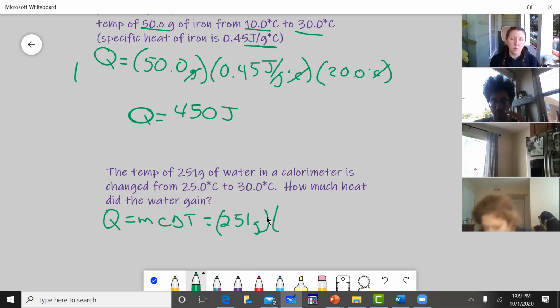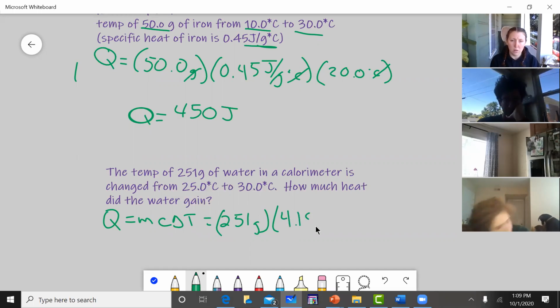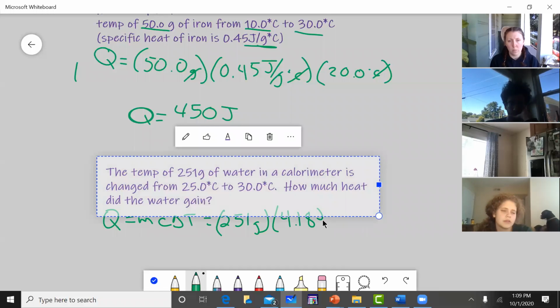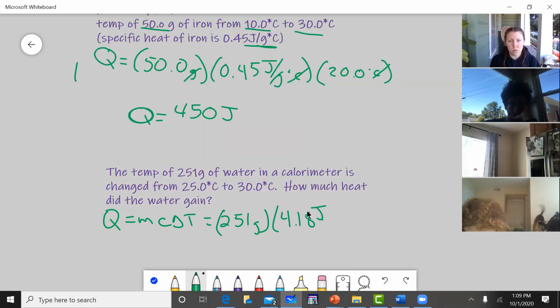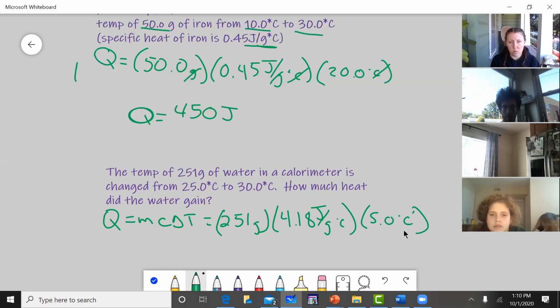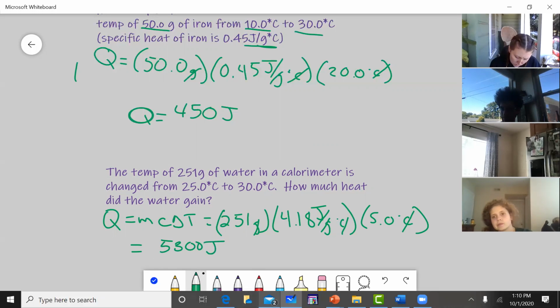Our C, because we're talking about water, is 4.18 joules per gram degree C. And then our change in temperature is 30 minus 25, which is going to be 5.0 degrees Celsius. Celsius will cancel, grams will cancel, and we should be left with a value of Q equal to 5,300 joules.